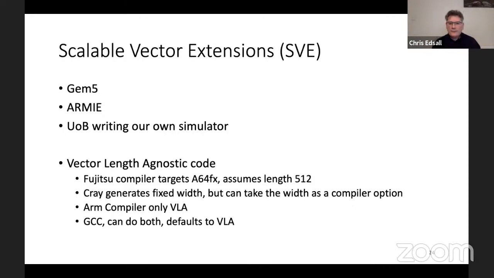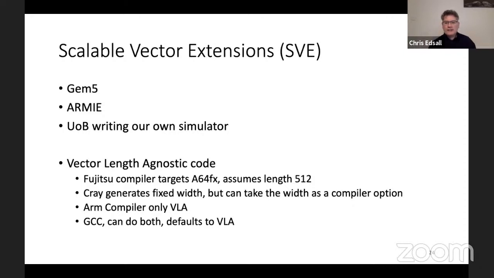Whether you get VLA, vector length agnostic code, depends. The Fujitsu compiler, because it targets their chip and only their chip, which has only 512-bit wide vectors, assumes that. The Cray compiler will generate fixed width, but you can give it a compiler flag to specify that you want VLA.